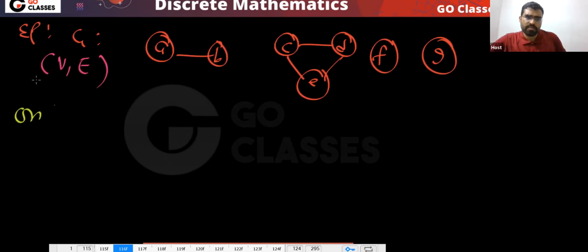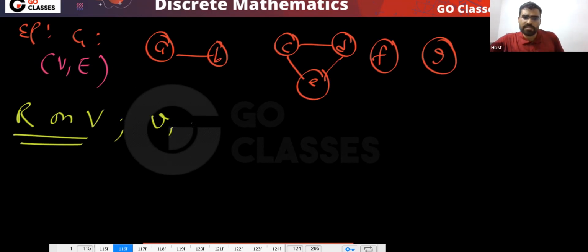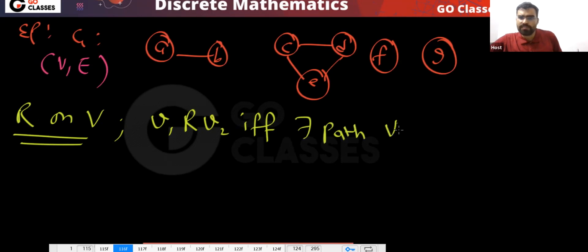So on V, you are defining a relation R, and we are saying that V1 is related to V2 if and only if there exists a path between V1 comma V2. This is the idea.